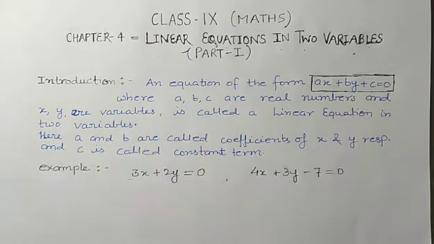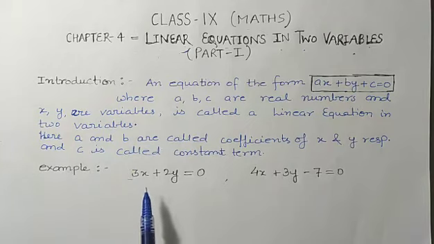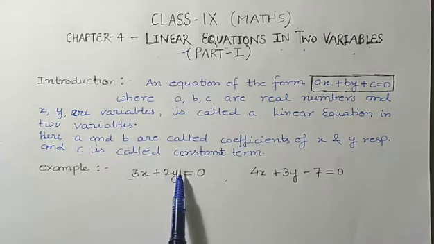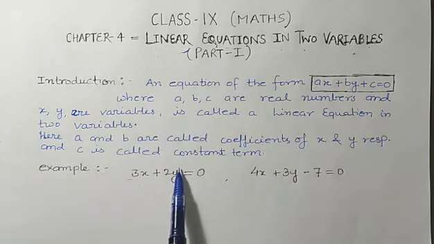Like this. This is a linear equation in two variables. How can we say? See, there are two variables x and y. Linear means the degree of this equation should be 1. See students, there is no power on x or on y, so only power 1 is there.